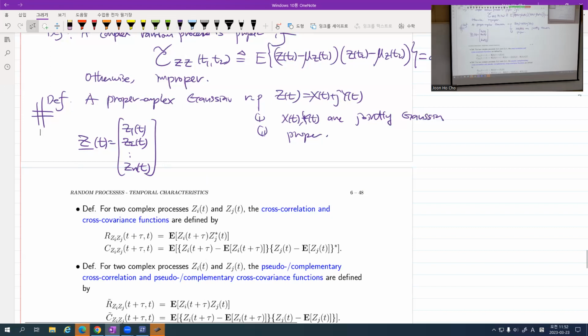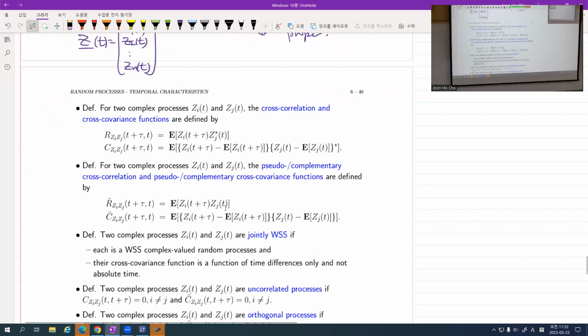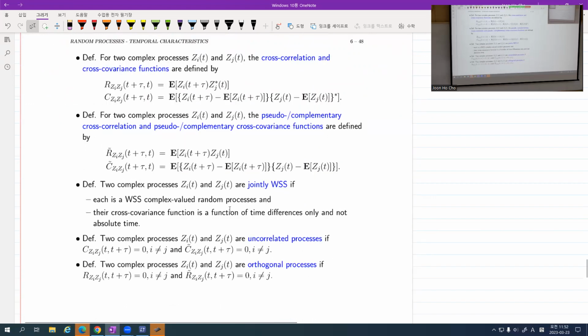And in order to know all the second order properties, we need not only the correlation or covariance, but also the complementary correlation or complementary covariance functions. Remember that. And here, two complex processes are jointly wide-sense stationary. Then what?